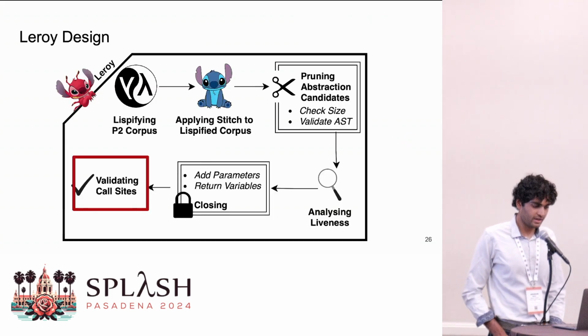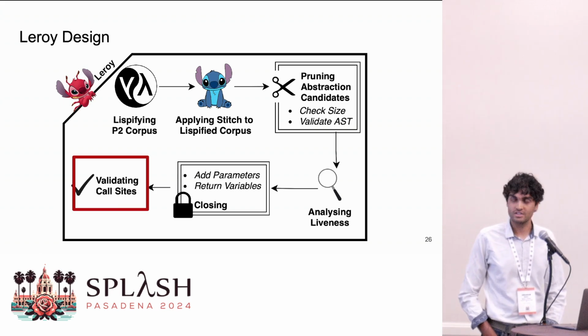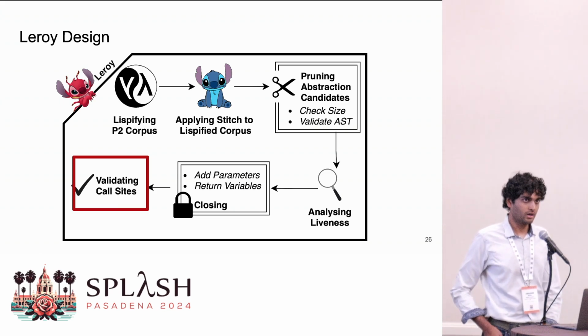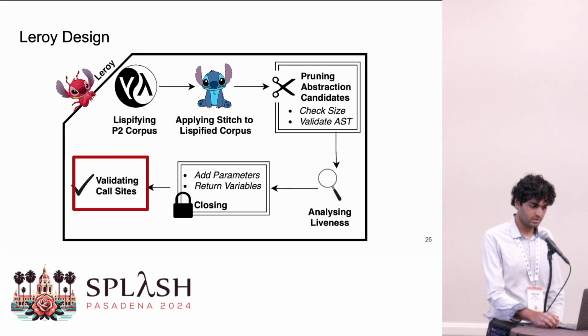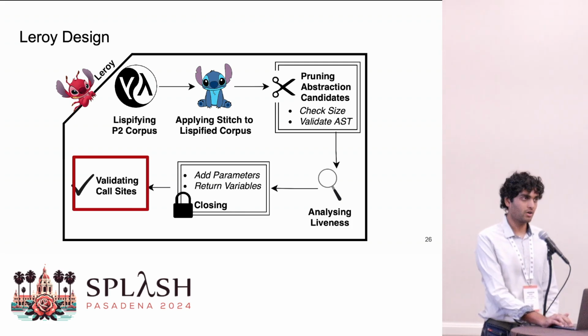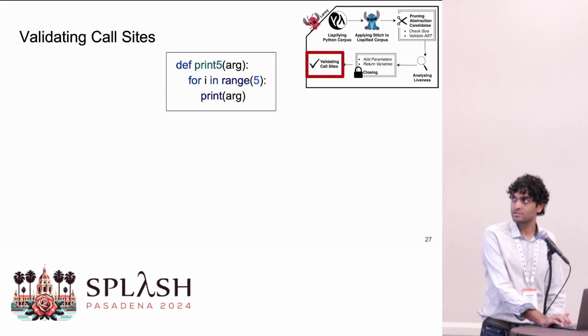Finally, we validate the call sites at which these abstractions are applied, or intend to be applied at least. And then we figure out if they're correct or incorrect, and then we apply those abstractions accordingly. So let's look at another example.